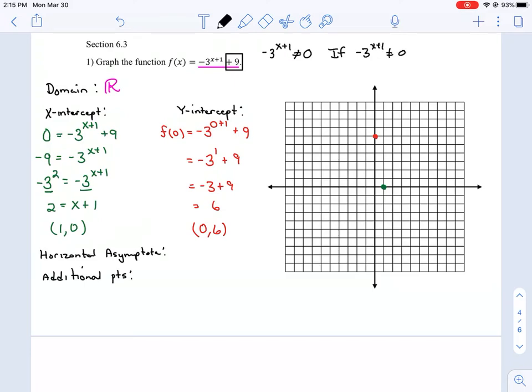So if negative 3 raised to the x plus 1 power cannot equal 0, then the function cannot equal 9. So I'm going to put a dotted line where the line y is equal to 9 is located.